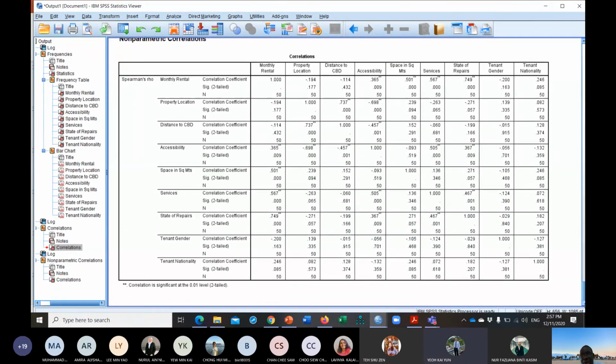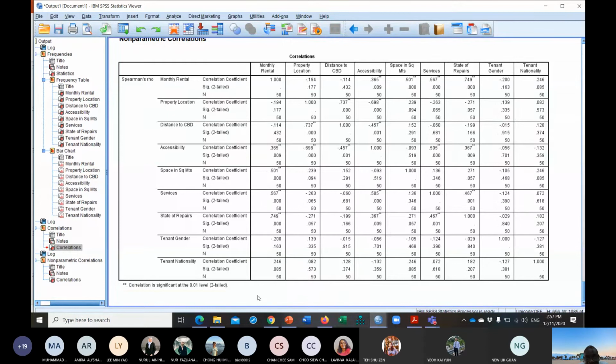Yes, but doctor, I was just wondering what does the tail mean? Why 2 tail or 1 tail? The first column, doctor. Okay, the question is about what the 2 tail in the bracket means.